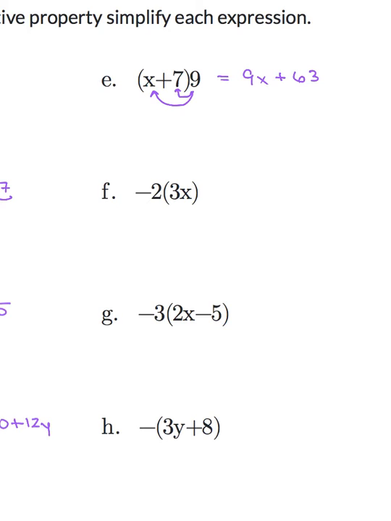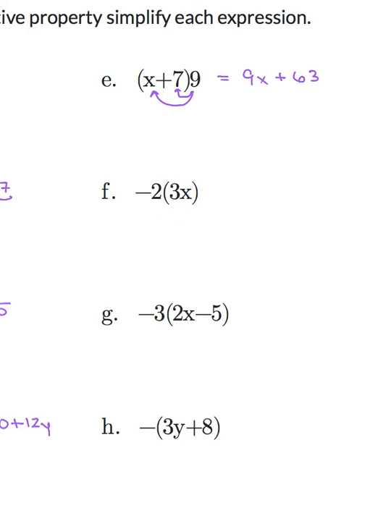Okay, let's look at example F. We have negative 2 times 3x. So my question to you is, do I multiply 3 times negative 2 and x times negative 2? Is this really a distribution problem? And the answer to that is no, this is not a distribution problem. The reason is because notice that inside the parentheses all we have is multiplication.